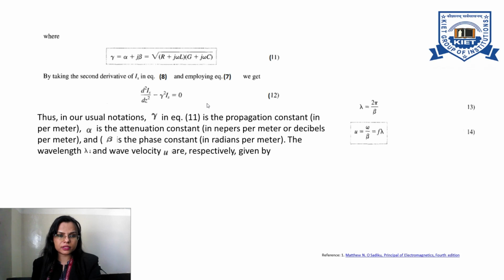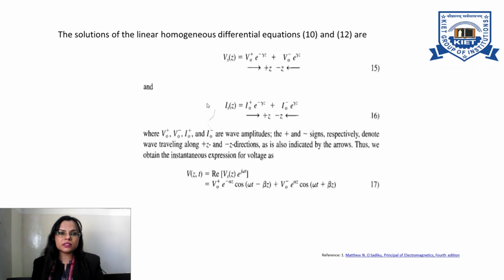By solving these equations we get the solution Vs(z) equal to V naught plus e to the power minus gamma z plus V naught minus into e to the power gamma z. The first term is in the positive z direction and the second is along the negative z direction.